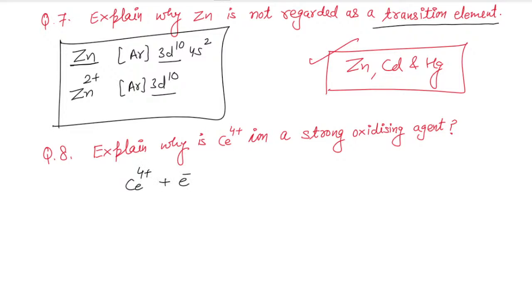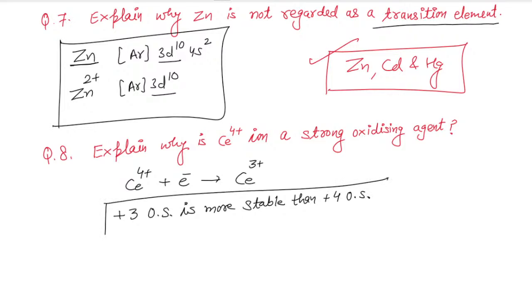Cerium 4+, when it gains 1 electron, we get cerium 3+. So cerium 4+ is a strong oxidizing agent because the +3 oxidation state is more stable than the +4 oxidation state.